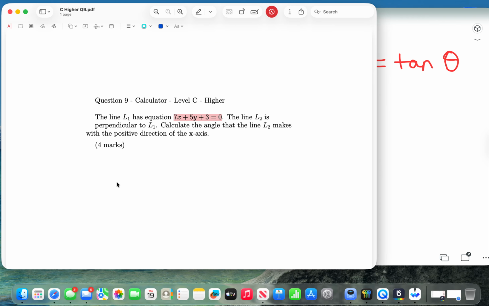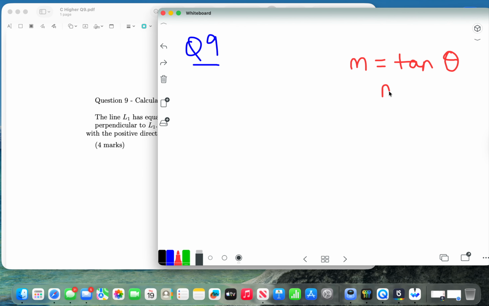So we have to find the gradient of L2, but the only way we can do this is to find the gradient of L1, and we want to use the fact that M L1 multiplied by M L2, so the gradients of both lines multiplied will be -1 because they're perpendicular.